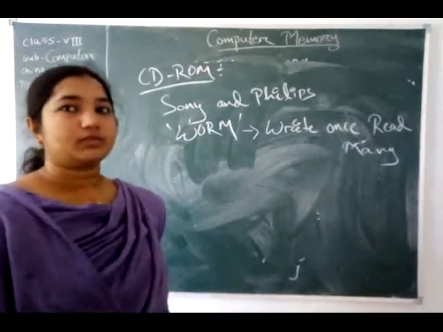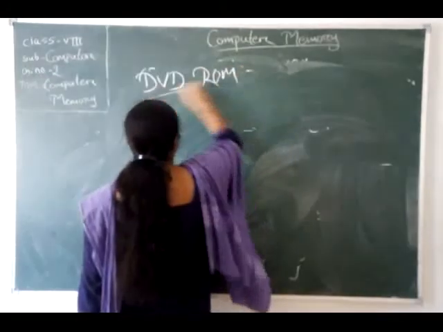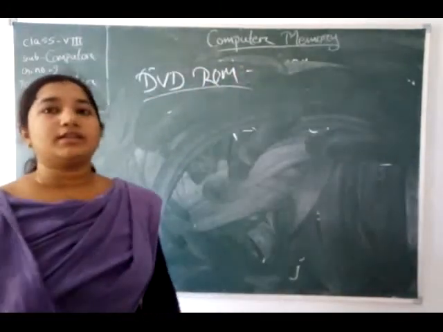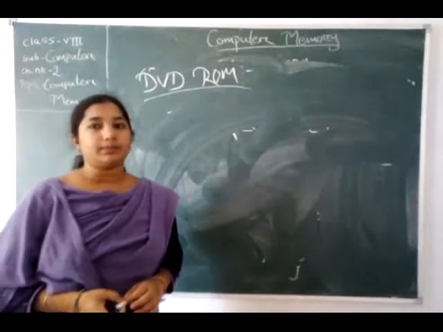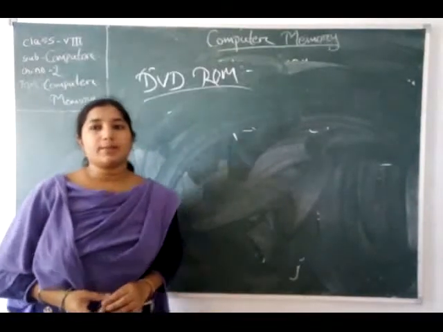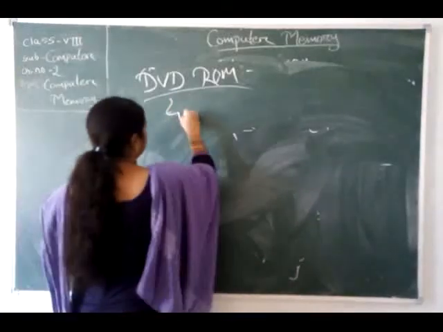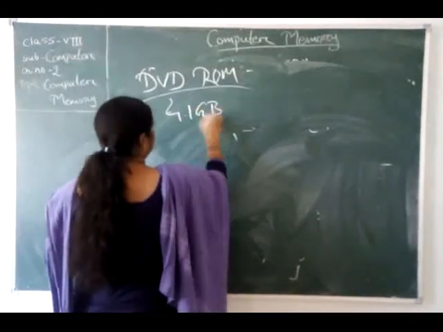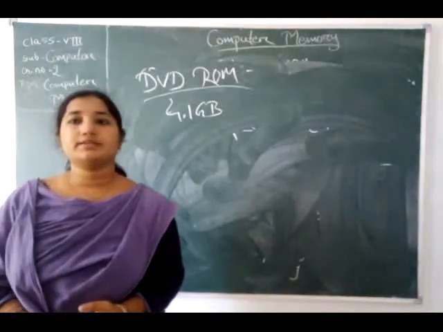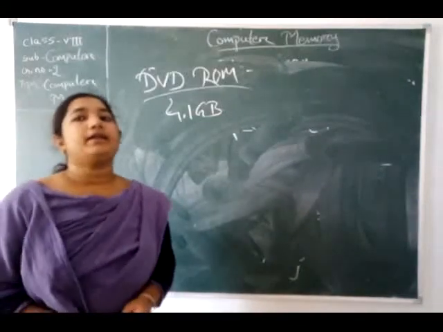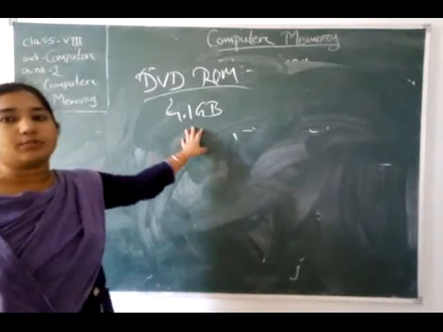So the next one is DVD-ROM. So what is DVD-ROM? DVD-ROM is a type of recordable DVD. It has a storage capacity of usually 4.1 GB.